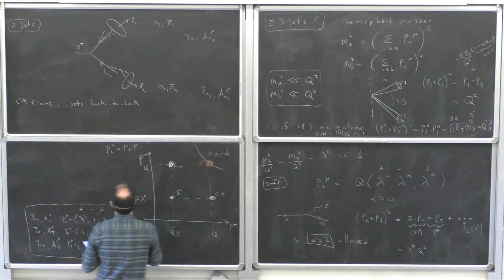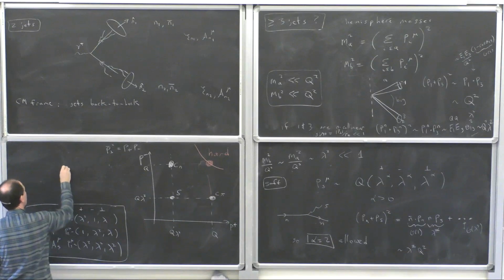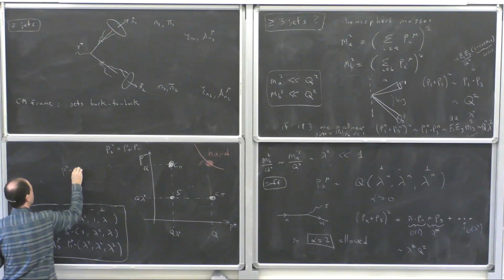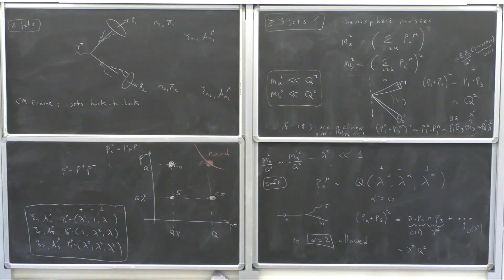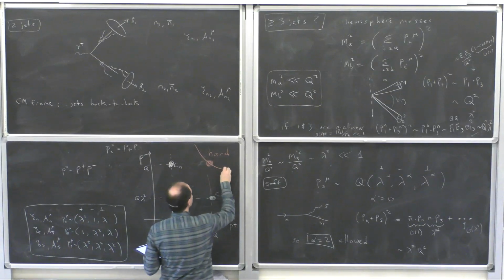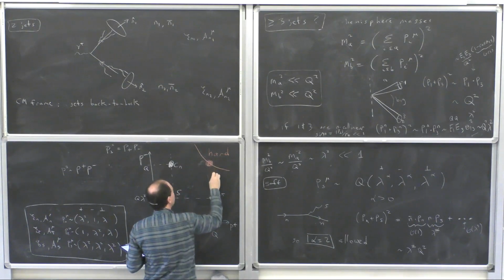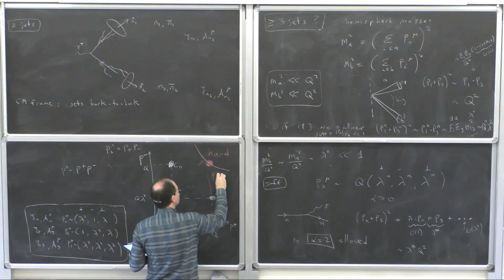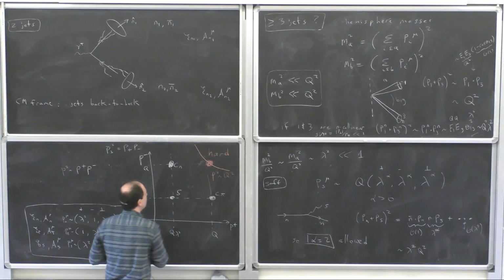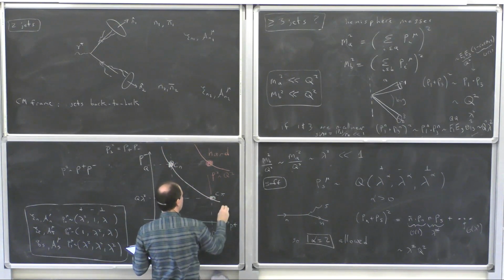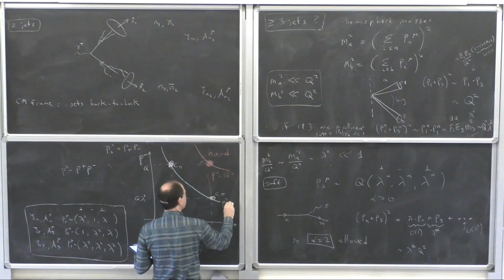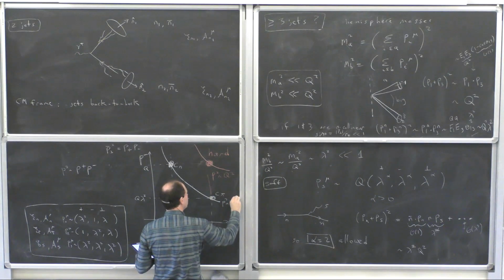In terms of thinking about invariant masses, which is how we were describing things, invariant masses are pluses times minuses. So a fixed invariant mass corresponds in this picture to a hyperbola. So I drew this line, which is supposed to be a hyperbola, through this dot, and that hyperbola has p squared of order q squared. There's also a hyperbola going through these, and this hyperbola would have p squared of order q squared times lambda squared.